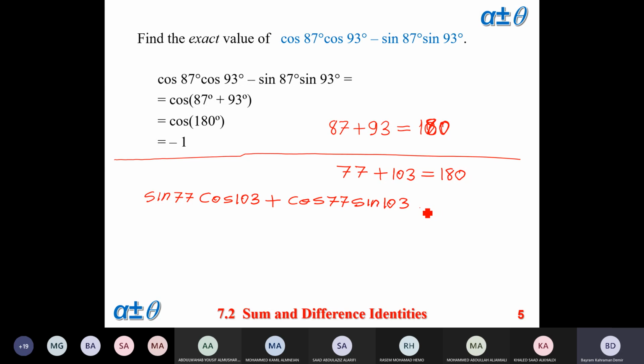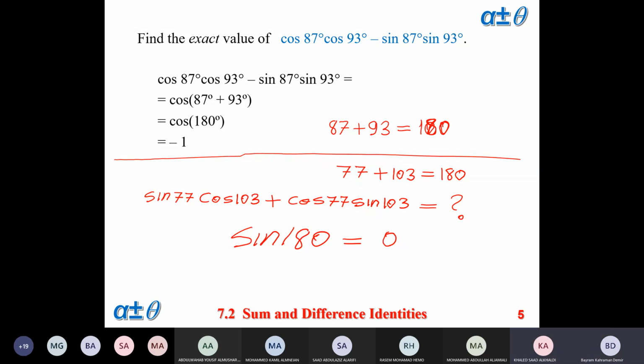So what is this, Shabab? Here is the question for you. I think it will be sine of 77 plus 103. So this is basically sine of 180, right? What is sine of 180? 0.